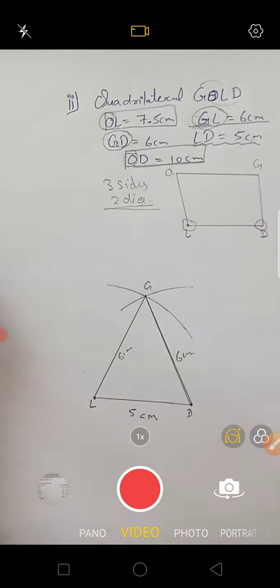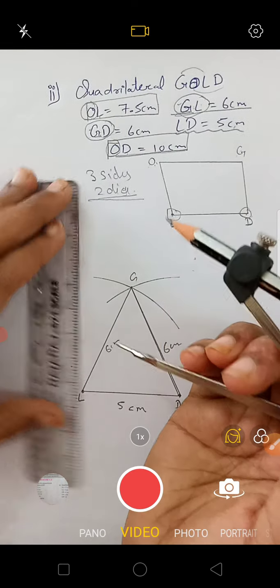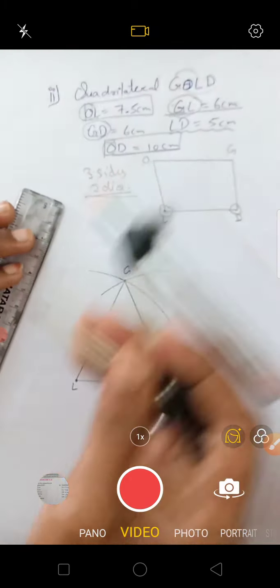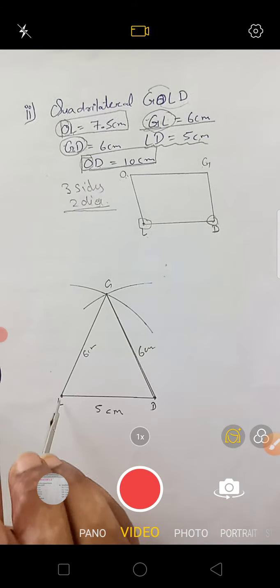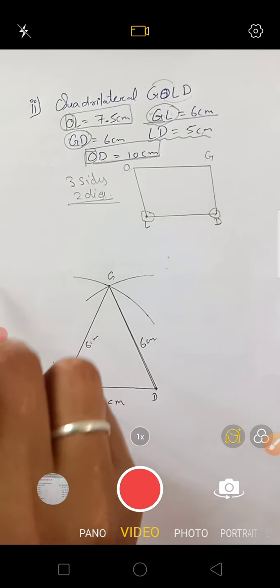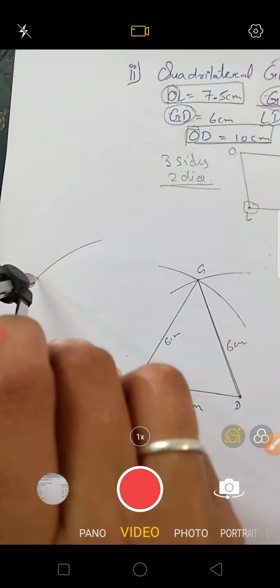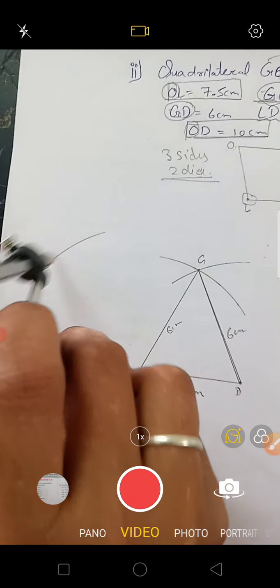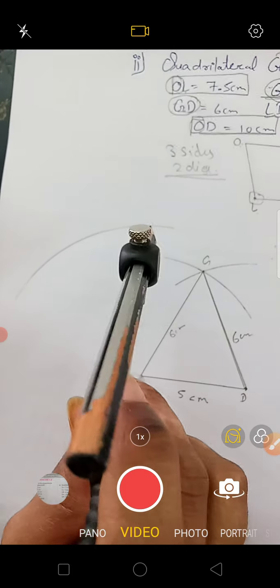So here we take first L as center and take the radius 7.5 centimeter using ruler and compasses. Taking L as center, we draw the arc of 7.5 centimeter on the left side, before the line segment.